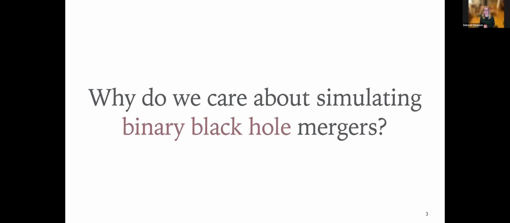Now, the real question here is, why do we care about simulating binary black hole mergers? What's the purpose? What's the motivation? Well, when any accelerating object moves through space, it creates ripples in space-time called gravitational waves.